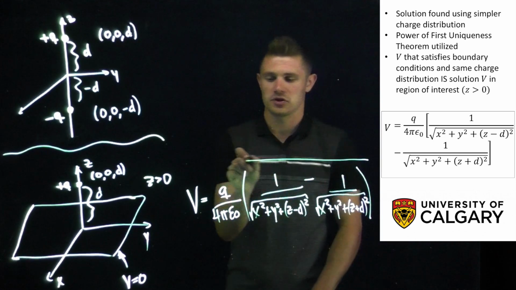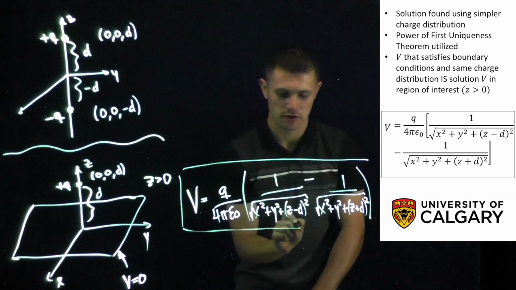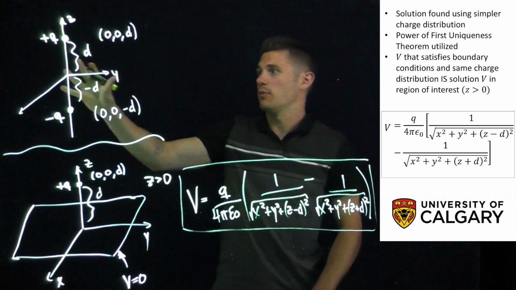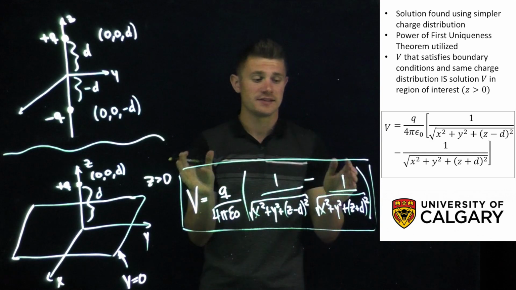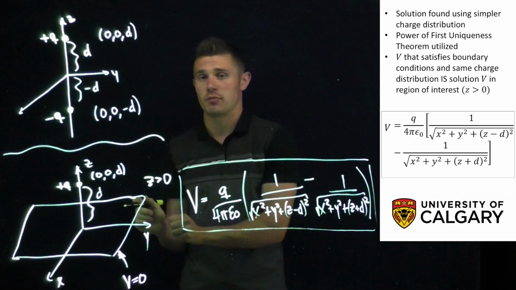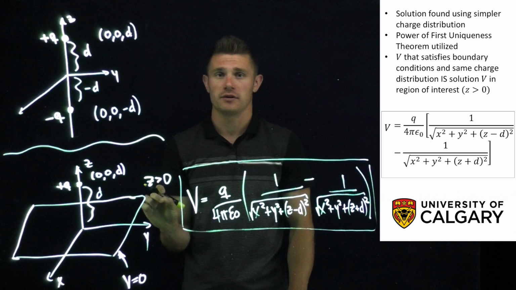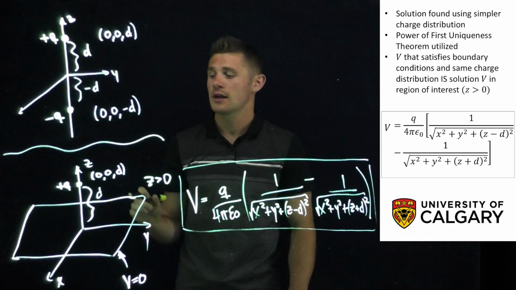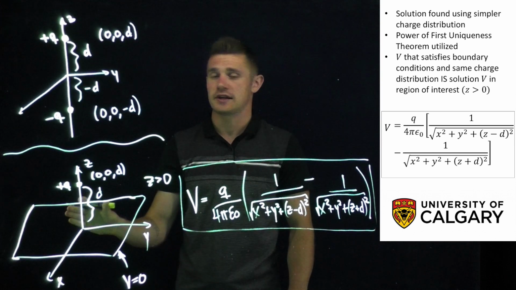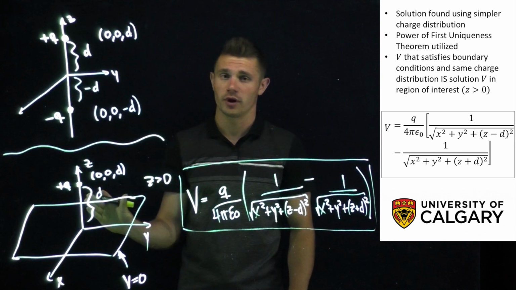So this is the potential that we found for the charge distribution set up above here, where we had a positive and a negative charge. And we can say that it's the exact same potential as for the setup below in the region where z is greater than 0, because the charge distribution is the exact same in both setups, and also the boundary conditions are satisfied by the potential for both problems.